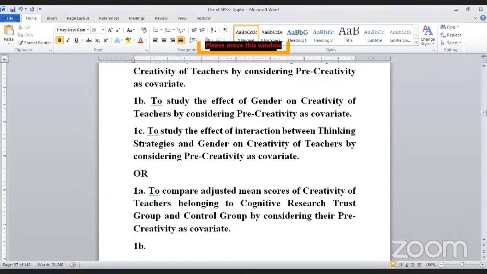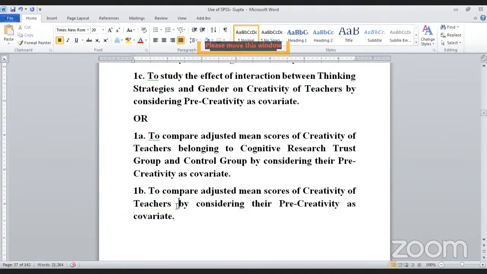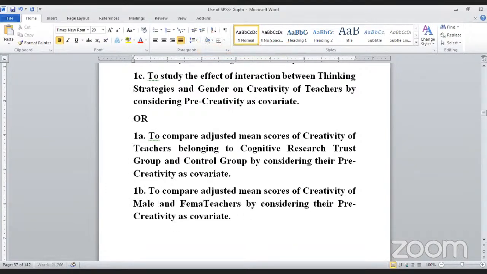1B is to compare adjusted mean scores of creativity of male and female teachers by considering their pre-creativity as covariates.